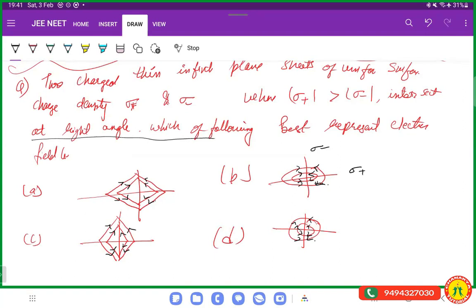Sigma plus is greater than sigma minus. Sir, I think it's C. They form uniform charge all over there. So yeah, not B. I think it's C. Okay, say again your reason, because your voice was breaking. There's this uniform electric field, like charge all over the plane. So I guess it's C.